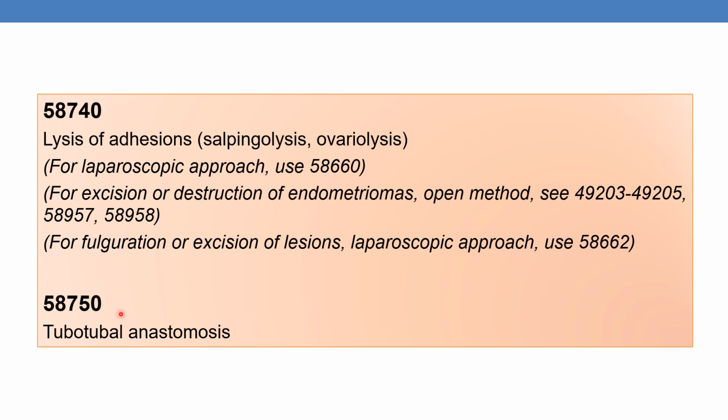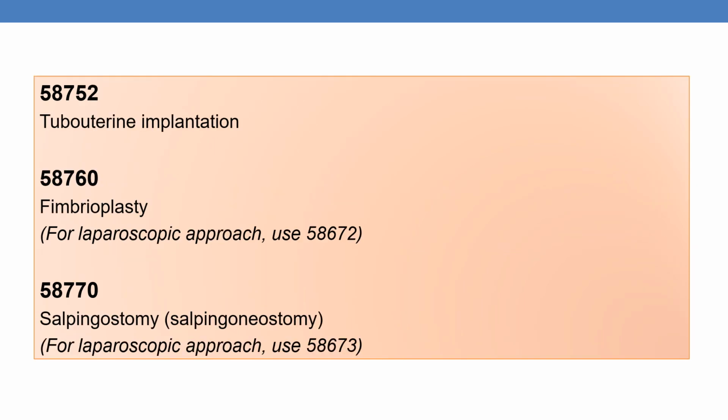The next CPT is 58750. It deals with tubo-tubal anastomosis. The next is 58752, tubouterine implantation. The next is 58760, fimbrioplasty. And whenever fimbrioplasty is performed with the laparoscopic approach, the CPT is 58672.